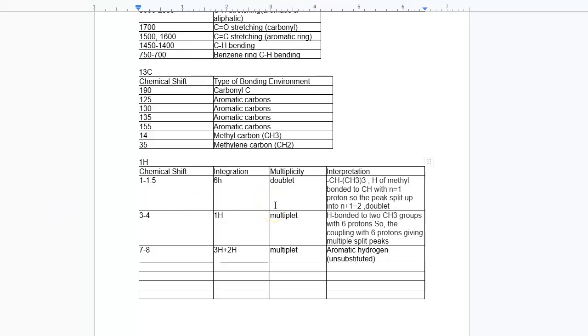Next, there's a signal around 3 to 4 ppm, a multiplet integrating for 1 hydrogen, which is likely a CH proton bonded to 2 methyl groups, forming an isopropyl or tert-butyl-like structure. Finally, in the 7 to 8 ppm range, there are 2 separate multiplets, integrating for 3 and 2 hydrogens, respectively. This fits with a monosubstituted or unsubstituted benzene ring, giving us 5 aromatic hydrogens total.